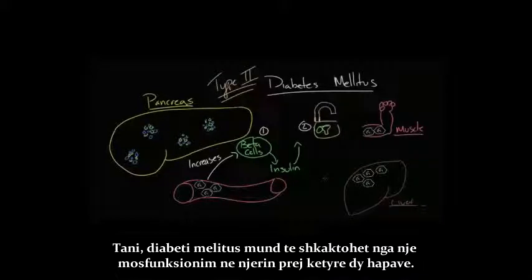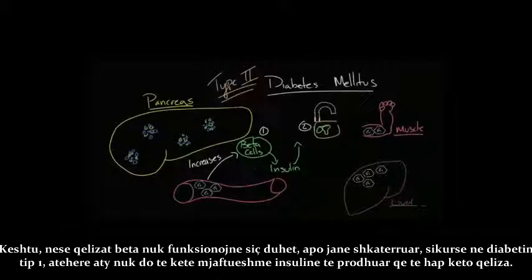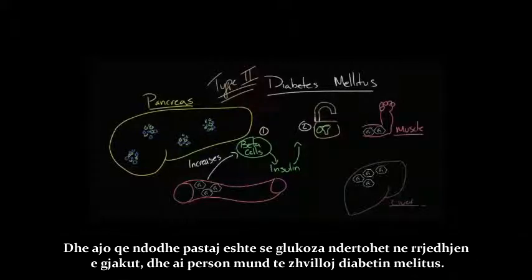Now, diabetes mellitus can be caused by dysfunction at either of these two steps. So if the beta cells aren't functioning properly or they're being destroyed, such as in type 1 diabetes, there isn't enough insulin produced to unlock the cells. And what happens is that the glucose builds up in the bloodstream and that person will develop diabetes mellitus.